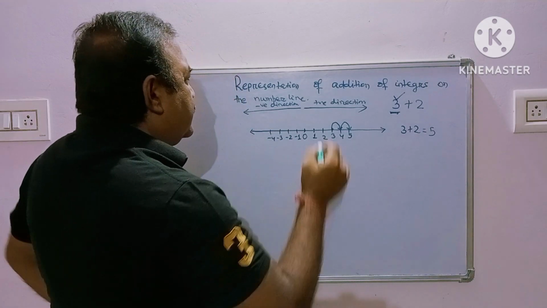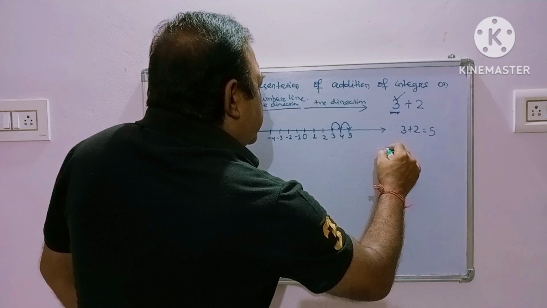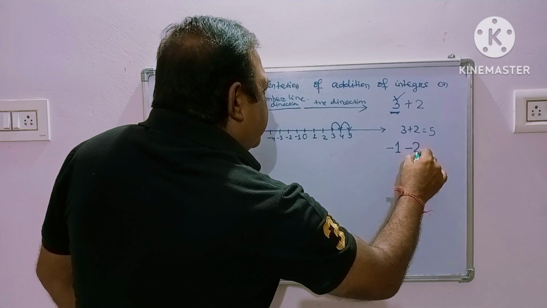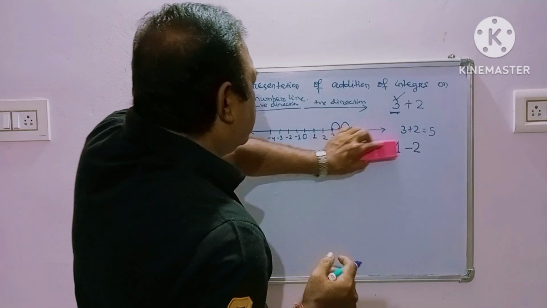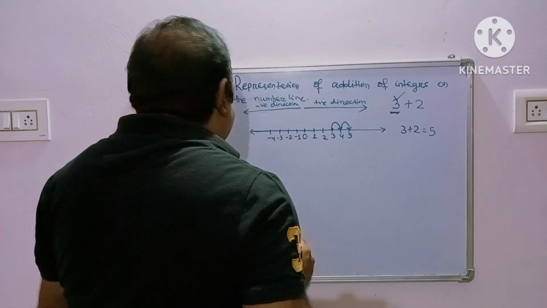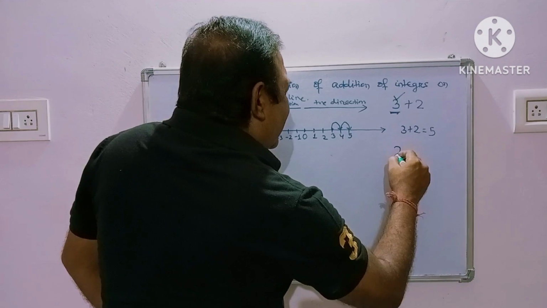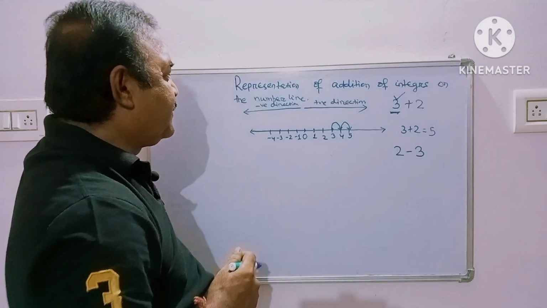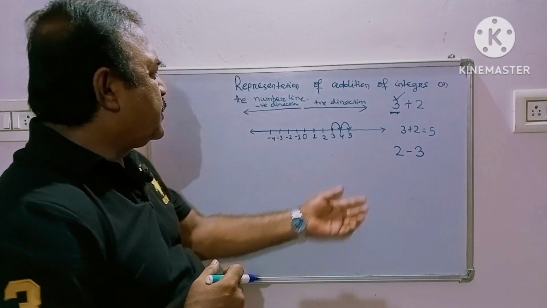Suppose minus 1, minus 2. No, we will not go to that. Suppose 2 minus 3. We will have to solve and show it on the same number line.